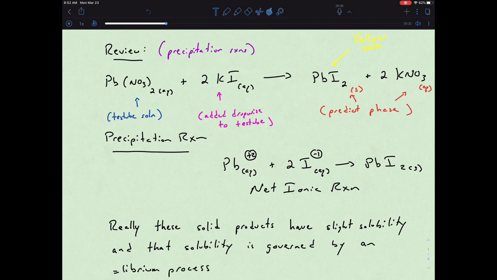So all these precipitation reactions that we talked about earlier in the first part of general chemistry are really equilibrium processes. And so we now have to understand how to write those processes and describe these reactions, not in the sense of a one-way process that we've discussed earlier, but more in the sense of an actual back and forth, or an equilibrium process.